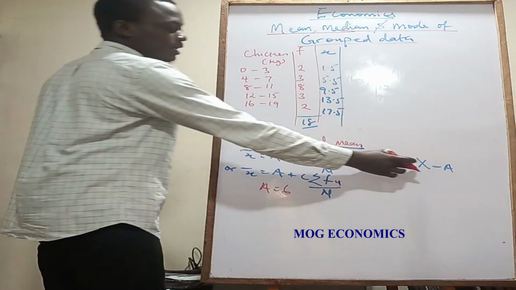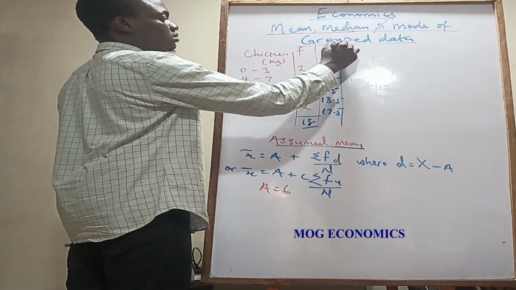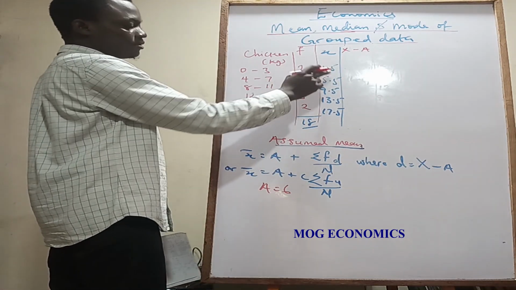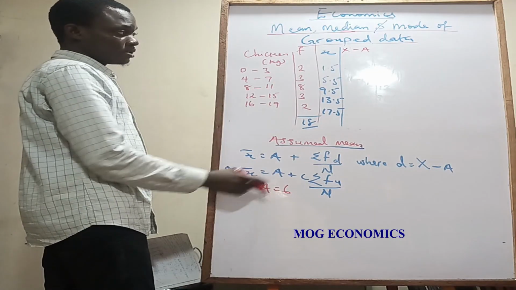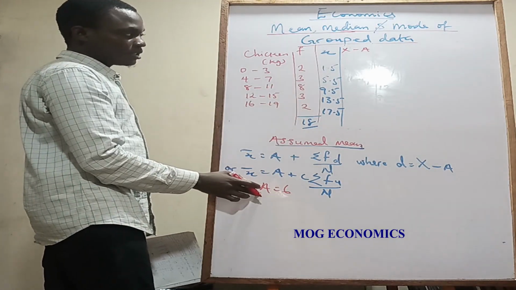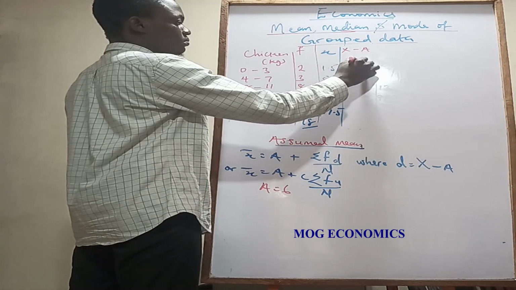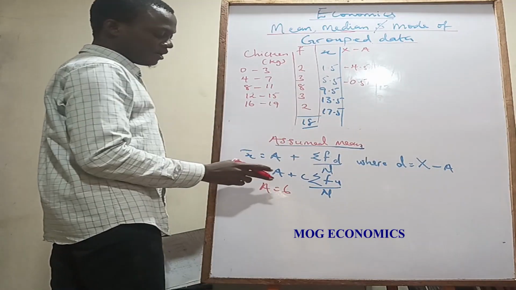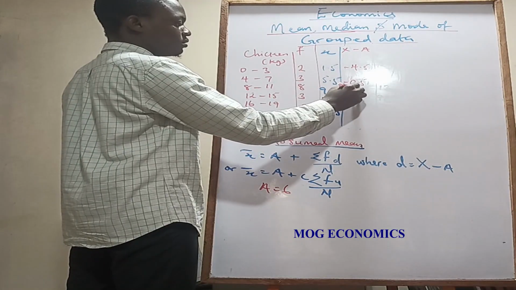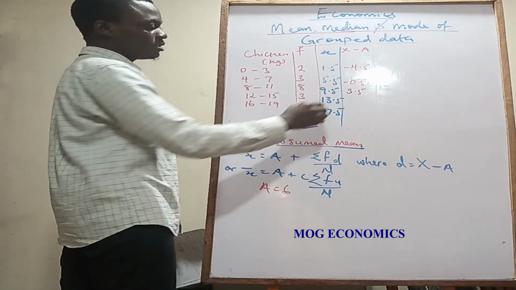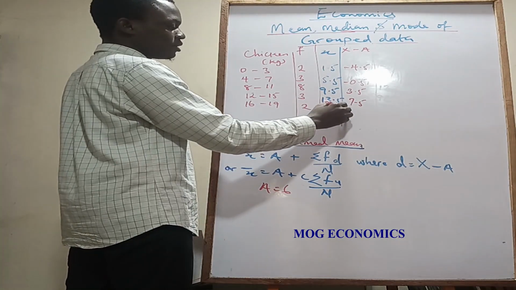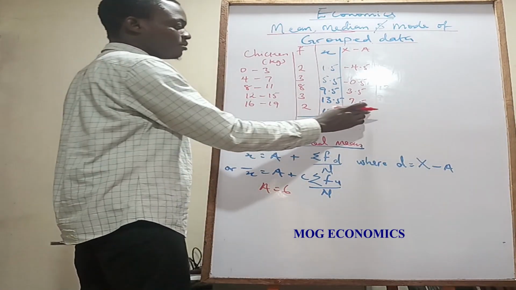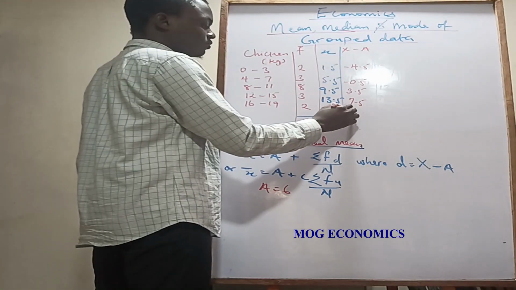So A equals 6. How then do we find our true mean? Now, d is x minus A. So for the values of x, 1.5 minus 6 is going to give us minus 4.5. 5.5 minus 6 is minus 0.5. 9.5 minus 6 is 3.5. 13.5 minus 6 is 7.5. 17.5 minus 6 is 11.5.